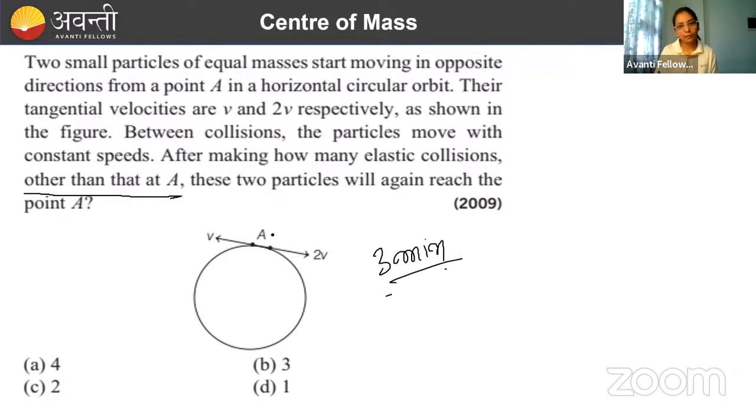Okay, make the proper counting. Once opposite जा रहा है, but they are moving in a circular trajectory now, so somewhere they will meet, right?